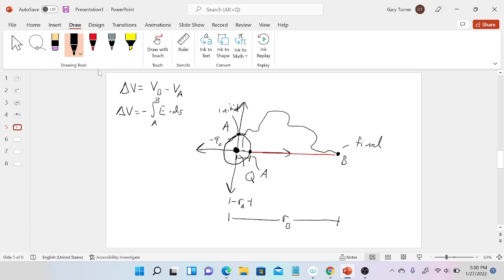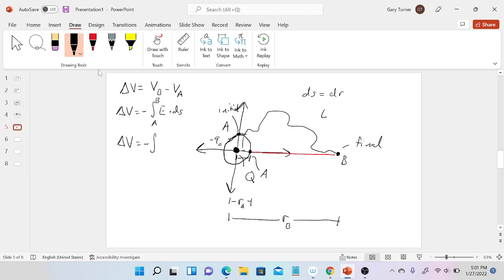So what is the change in potential in moving a charge from location A to location B? Delta V is going to equal negative the integral of the electric field times ds, but if we're just moving radially away from the large charge, then ds is going to be nothing more than dr. I have an integration along a radial direction.